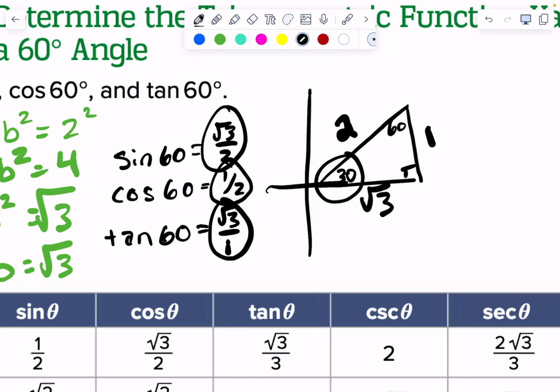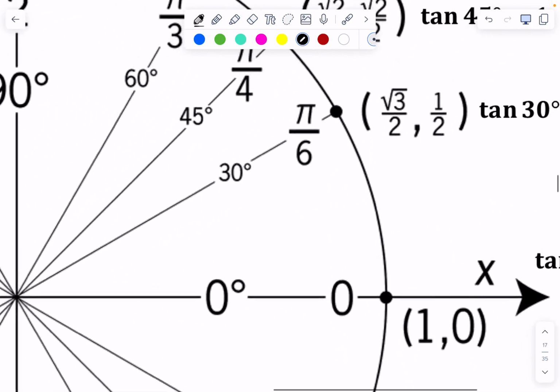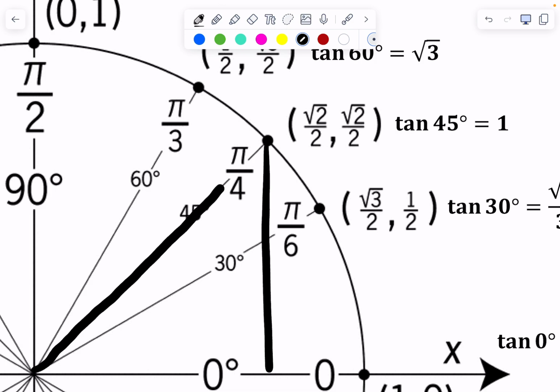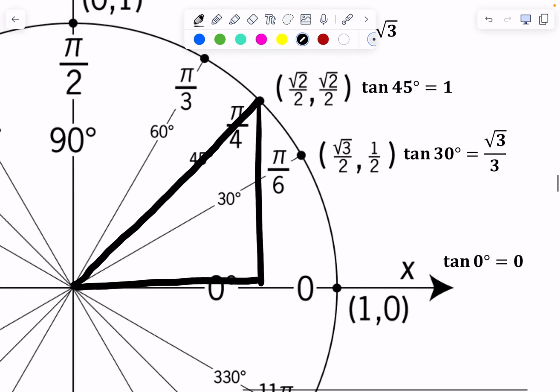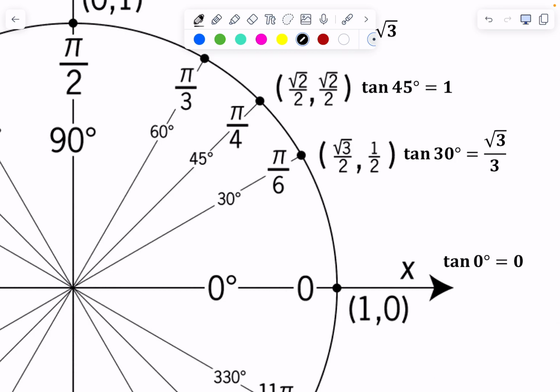So on your unit circle, just FYI, take a look at this. Here is your 45, 45, 90 triangle. Do you see it? I mapped it out in black. That's your 45, 45, 90 triangle: 1, 1, square root of 2. Then if I do a 60-degree triangle, it's this one right here.